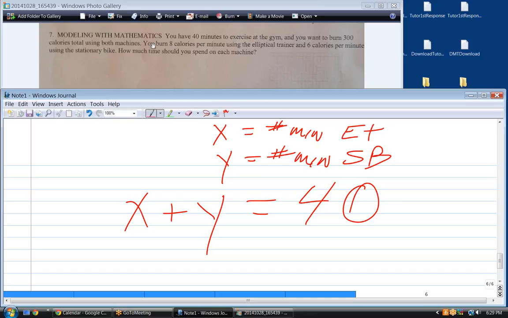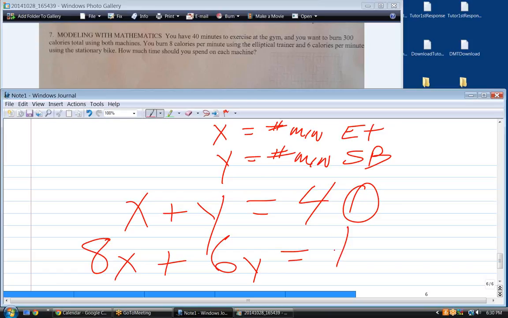Now, it says you burn 8 calories per minute on the elliptical. Well, how can I write that in an equation? 8x, good. Plus I burn 6 calories on the stationary. The stationary is y, so plus 6y. And what do I want that amount to be?